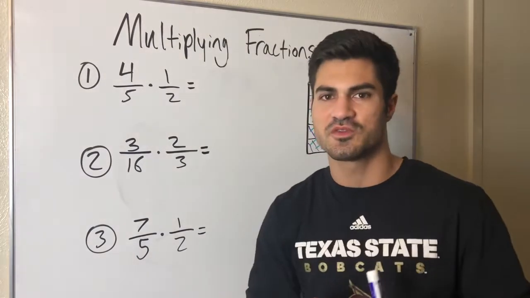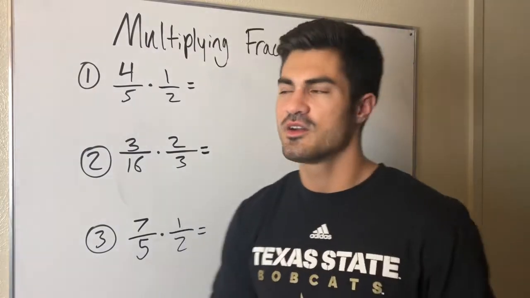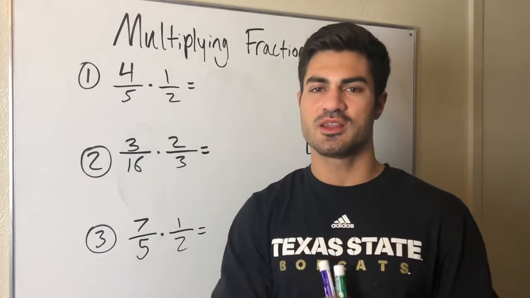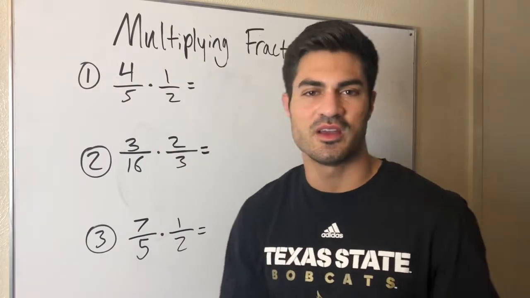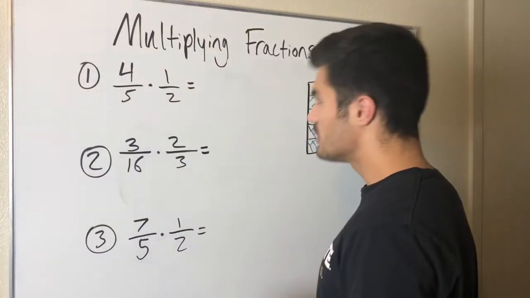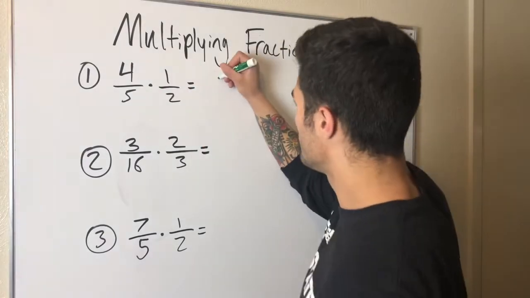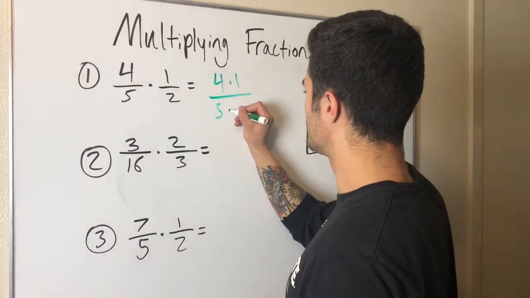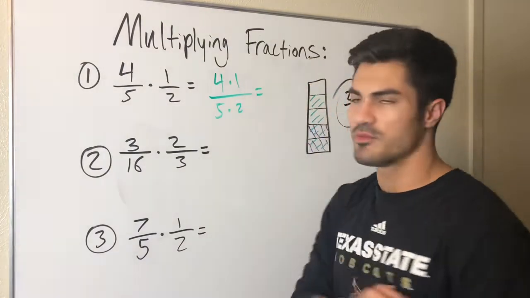This is the process for multiplying fractions. You simply multiply the numerator across and you multiply the denominator across and then you simplify. It's that simple. So we'll go ahead and do it. 4 times 1 is what's on top, and then 5 times 2 is on the bottom, right?